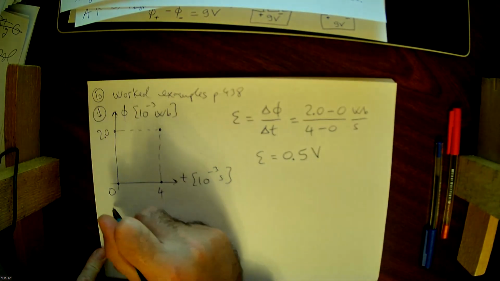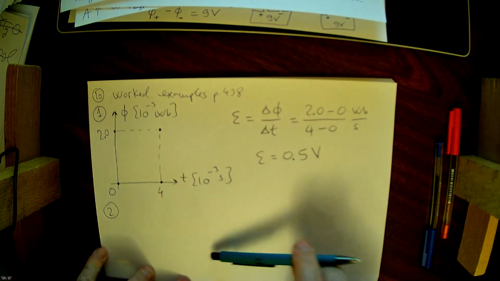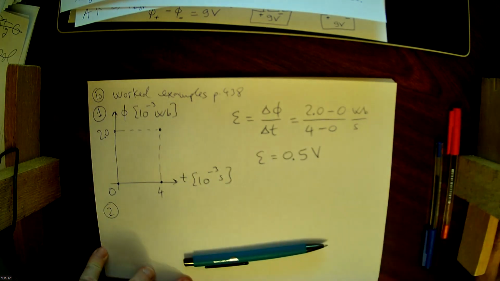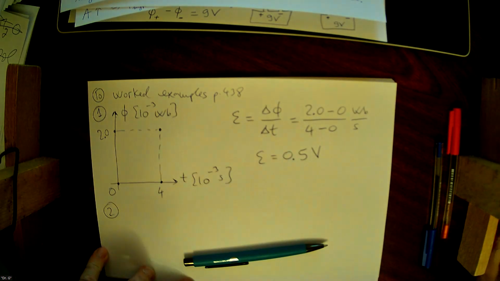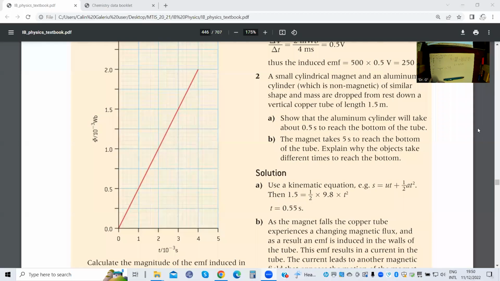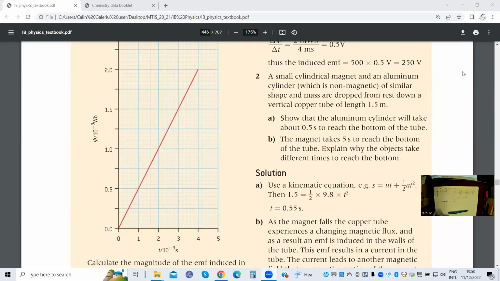Worked example number 2. A small cylindrical magnet and an aluminum cylinder, which is non-magnetic, of similar shape and mass, are dropped from rest down a vertical copper tube of length 1.5 meters.